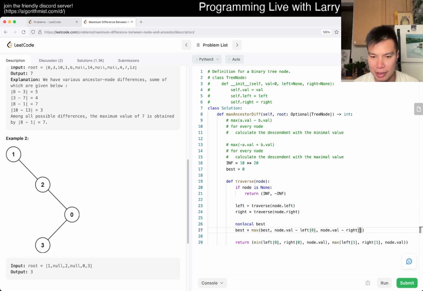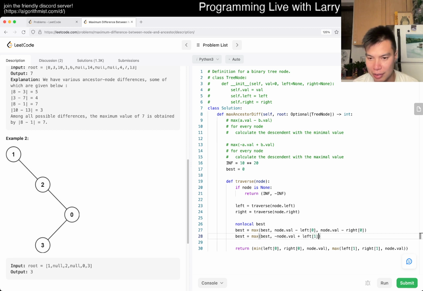And then we can also try the other side as well. This is technically negative node.value plus left sub 1, forgot the negative again, plus right sub 1, and then that's pretty much it, right?